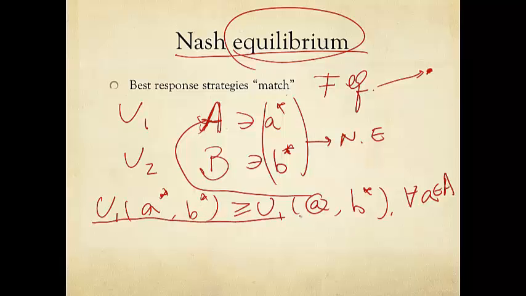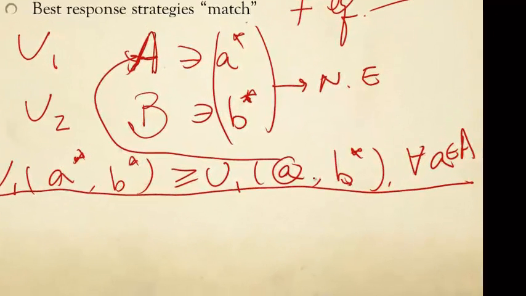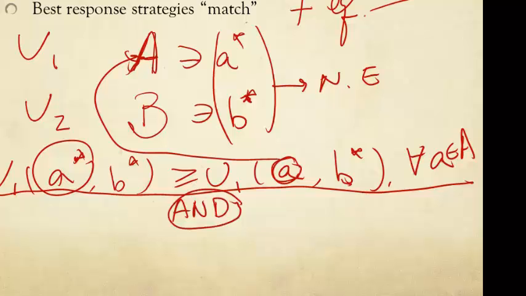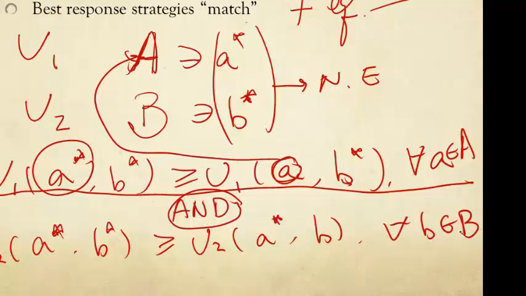This simply says that, hey, if the other player doesn't move away from B star, I have no incentive to move away from A star. And, that's the key word, and at the same time, the other user feels the same way. User 2's utility at this A star, B star, is no smaller than the utility for user 2 if A star remains there and B is free to be chosen anywhere in the set.